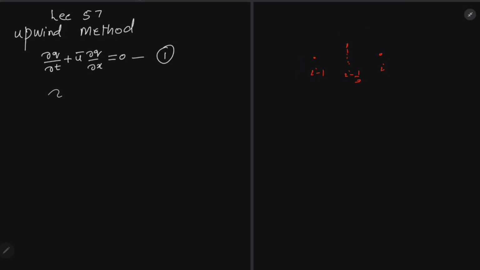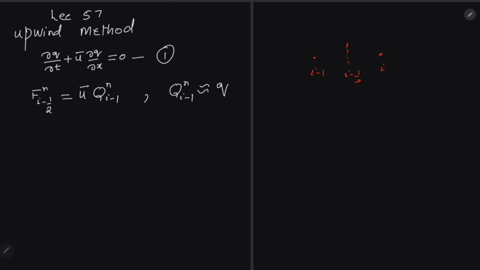So we have Fn at I minus 1 half equal to u bar times the approximation qn I minus 1. Remember that qn I minus 1 is an approximation of q, which is our exact solution.